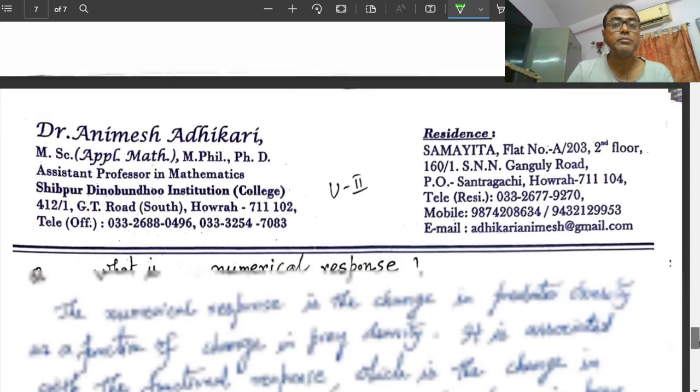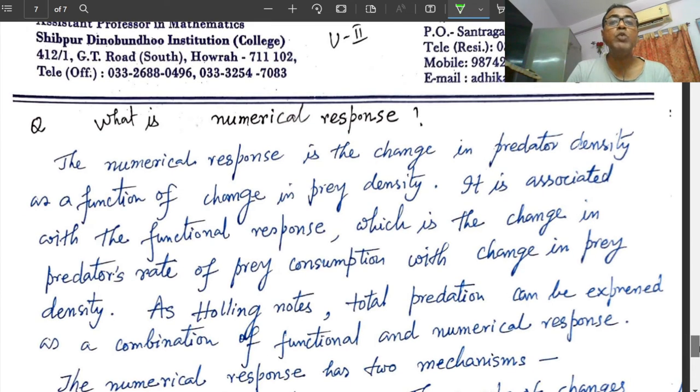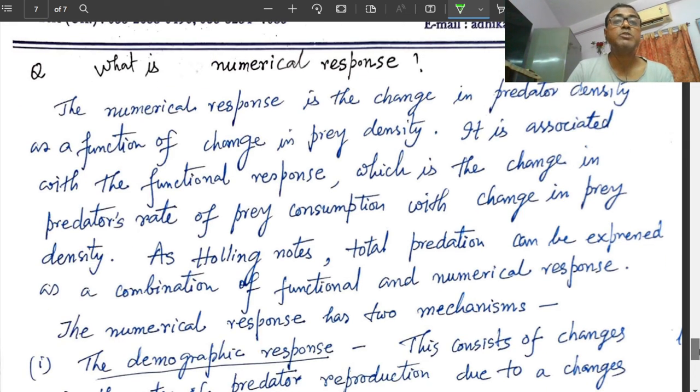Now, next article, numerical response. Actually, this numerical response is not included in your Calcutta University syllabus, but we touch this point. What is the numerical response? Because it is closely related with the functional response. The numerical response is the change in predator density as a function of change in prey density.